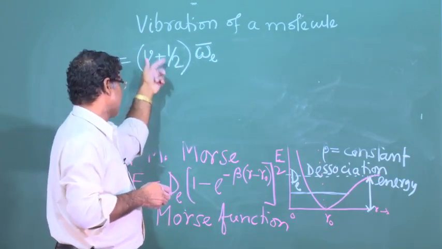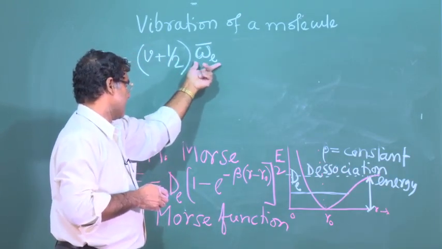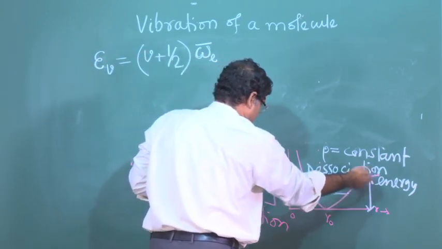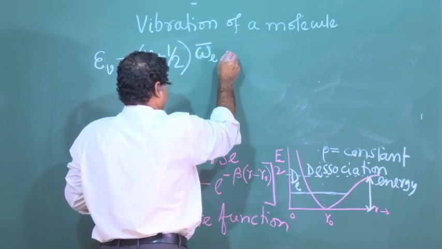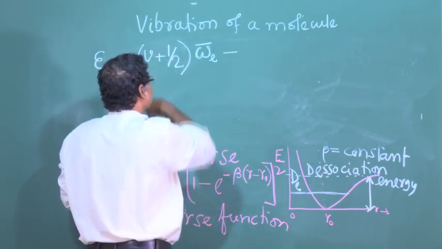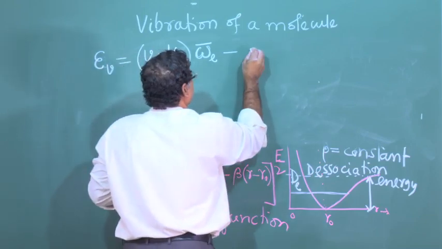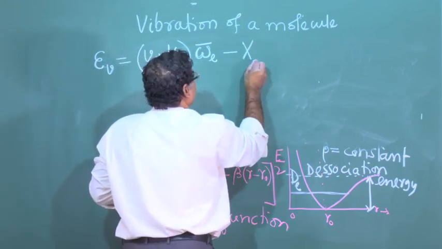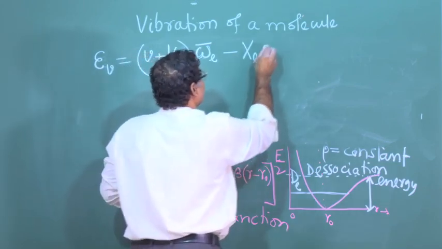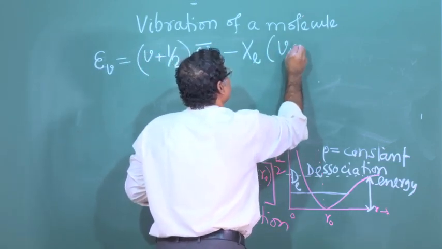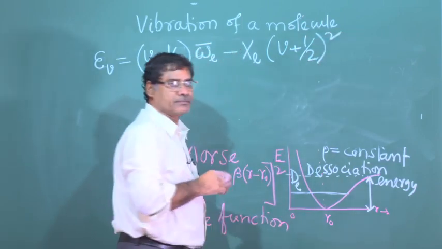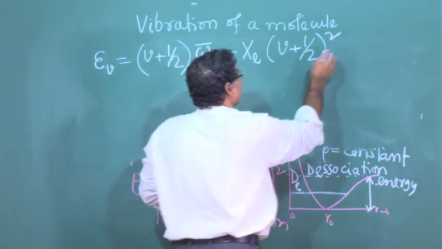So, V plus half omega e bar. Now a correction term will come due to this anharmonicity, so minus another term will come, that is x_e, V plus half whole squared, times omega e bar.